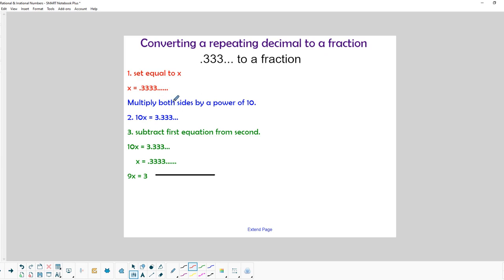Now we're going to set that equal to x, just some variable x, and then multiply both sides of our equation by 10. So we'll end up with 10x equals 3.3333... That basically moves the decimal over one place. Now we're going to subtract the first decimal from this decimal. When we do that, all the 0.333s disappear, leaving us with just a 3. 3 minus 0 is 3.